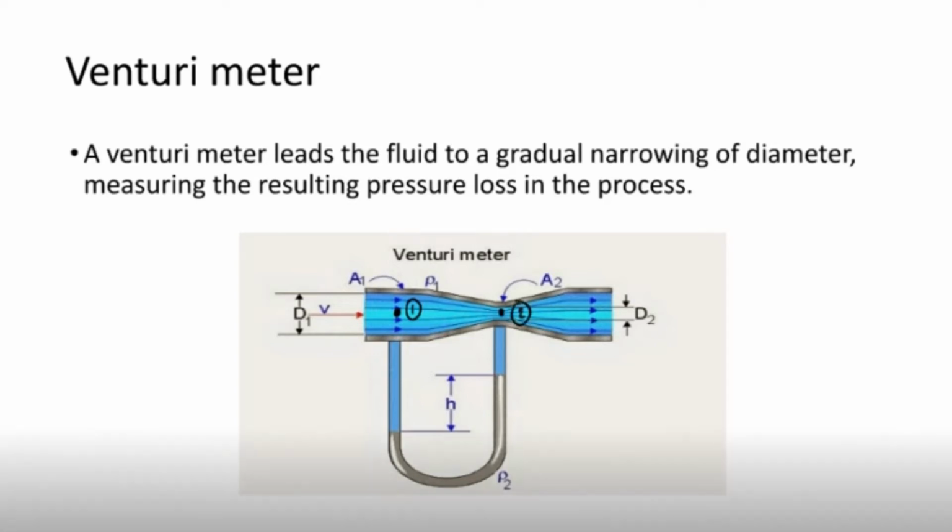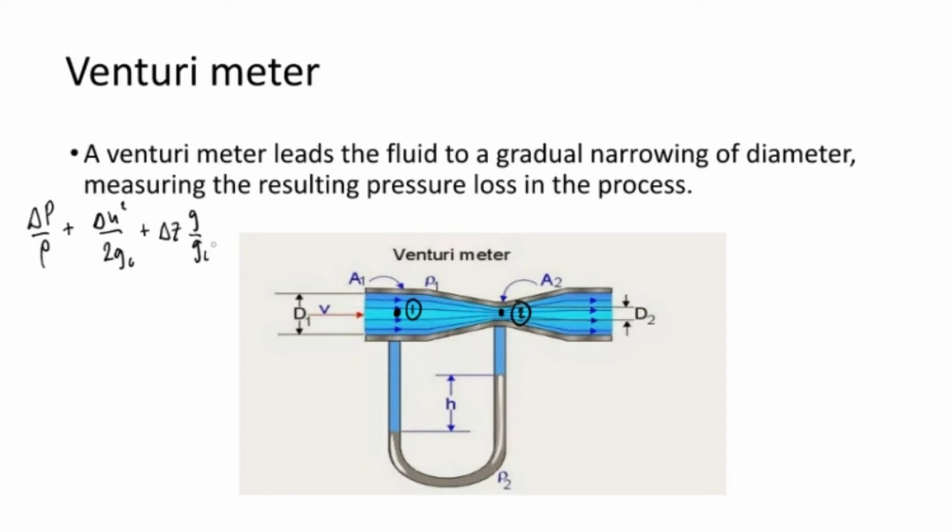If we perform the mechanical energy balance along these two points, we can determine the velocity of the fluid flowing inside. Let's write our mechanical energy balance equation. That is ΔP/ρ + Δu²/2gc + Δz(g/gc) + F = W.